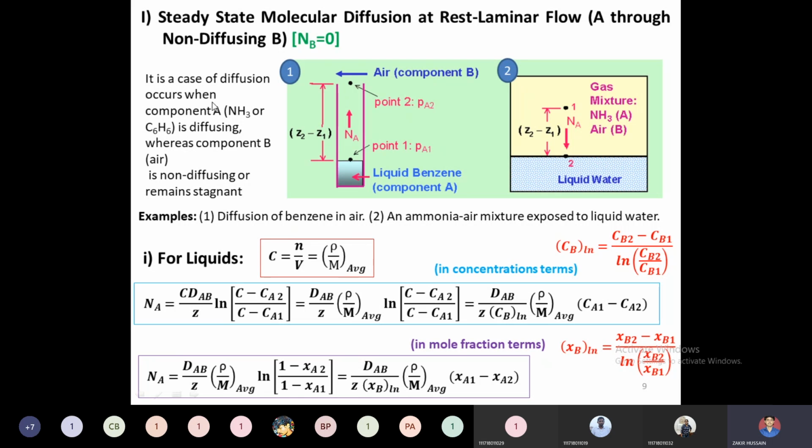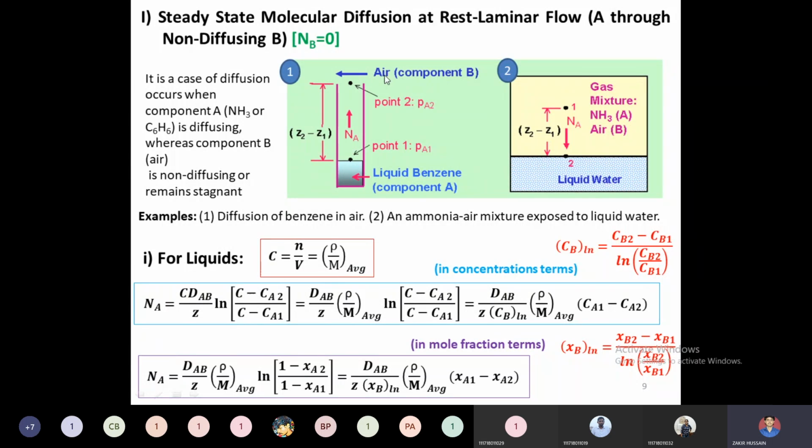This is the case of diffusion that occurs when component A diffuses. In both cases, NH3 or benzene is diffusing, whereas component B, which is air in both cases, remains constant and stagnant. So this is the case of A through non-diffusing B. As an example, benzene is present in liquid form in a test tube.